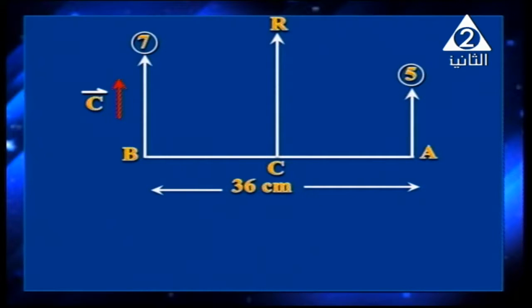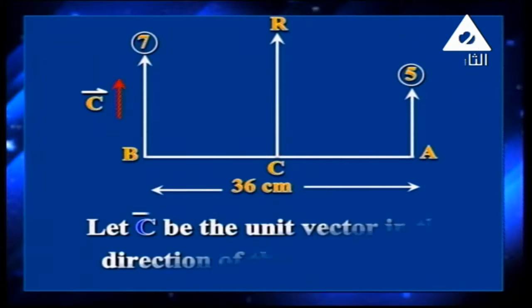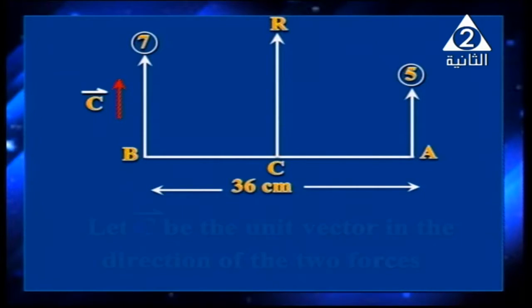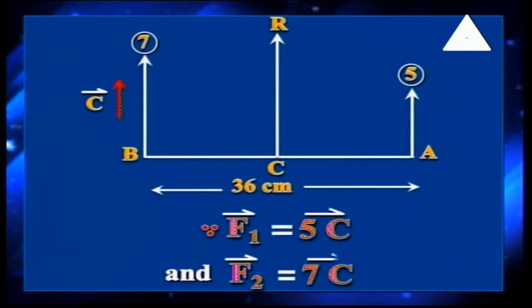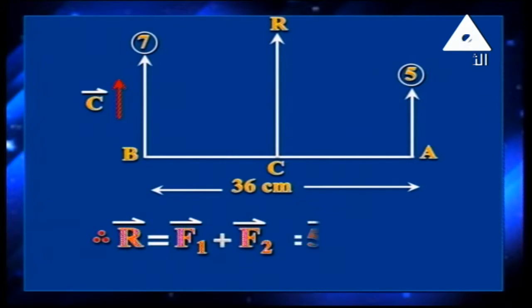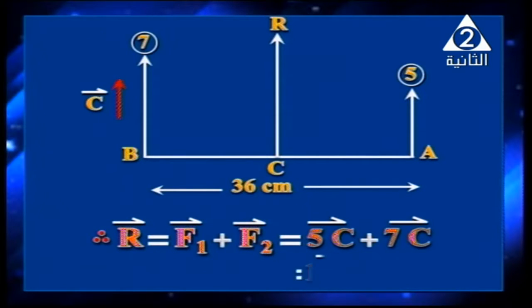AB has length 36 centimeters. F1 equals 5C, F2 equals 7C. Therefore, what is R? F1 plus F2 equals 12: 5C plus 7C equals 12C, or the magnitude of R equals 12 newtons.